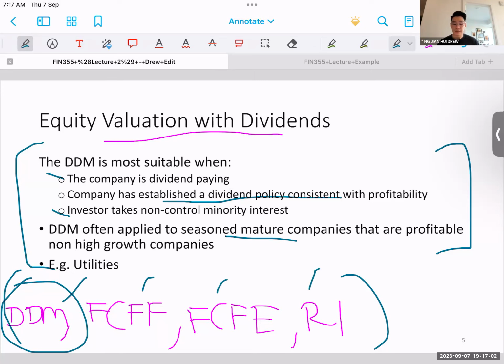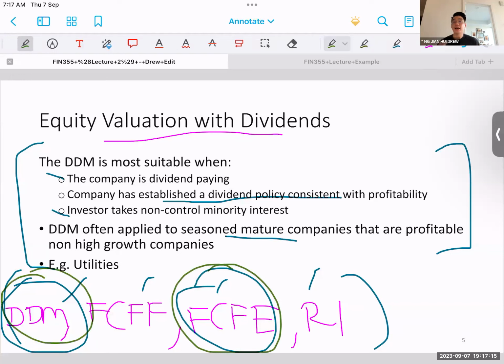choosing the valuation method. Of course, at the end of the day, most valuers use a combination of a few approaches. For example, maybe I use this, and I use this, and then I compare my valuation and do an average, or maybe I choose one over the other because of various reasons.